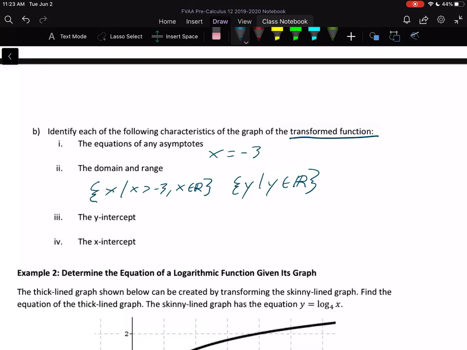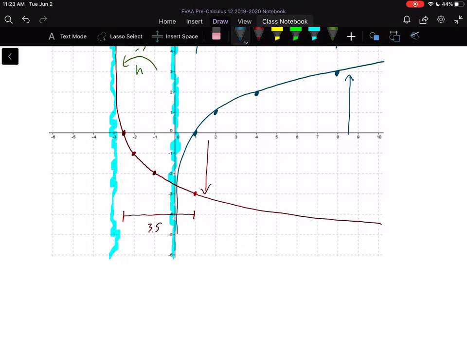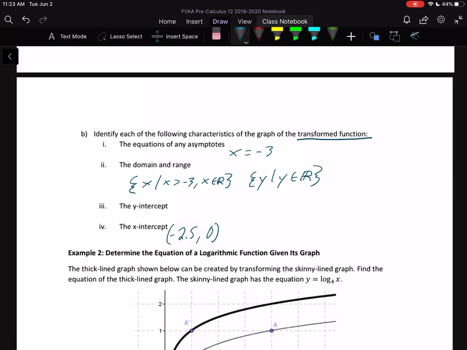Okay. X and y intercept. Okay, x-intercept we know is negative 2.5, because that happens at negative 2.5 and 0, which is one of the points that we got when we transformed. For the y-intercept here, I need to plug in an x value of 0 into my equation. So if I take my equation of y is equal to negative log base 2 of (2x + 6), I substitute 0, what is y equal to?